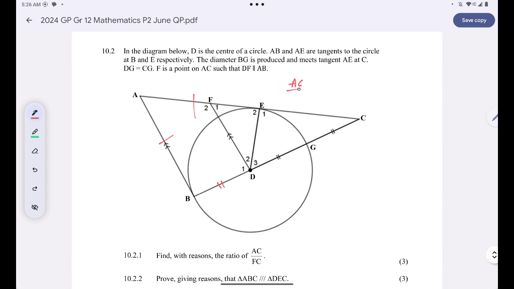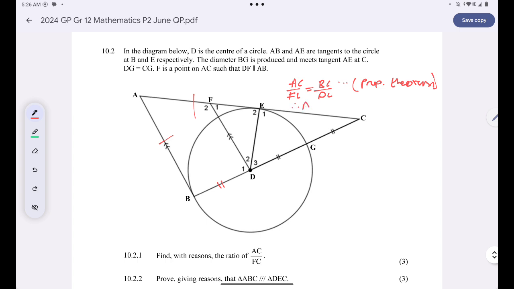AC over FC is equal to BC over DC, and this is true because of the proportionality theorem.